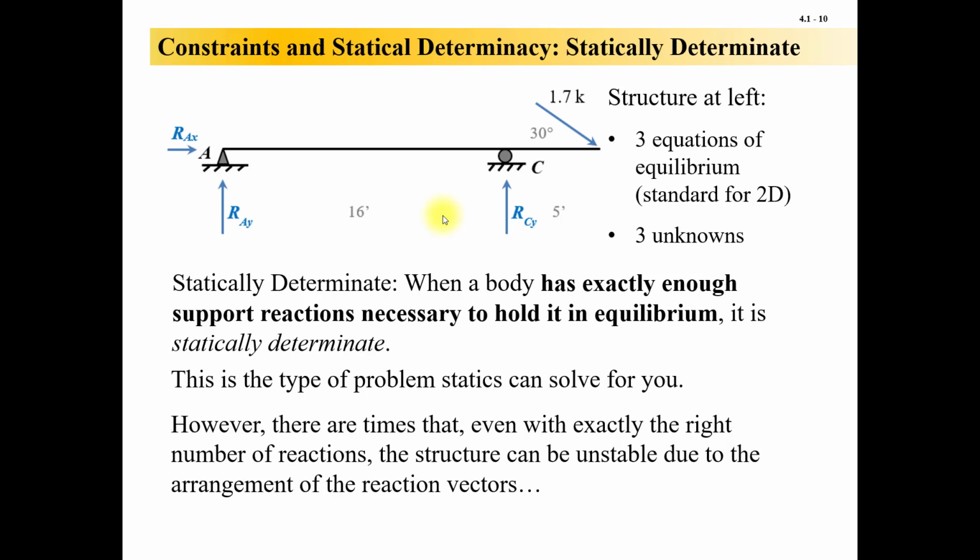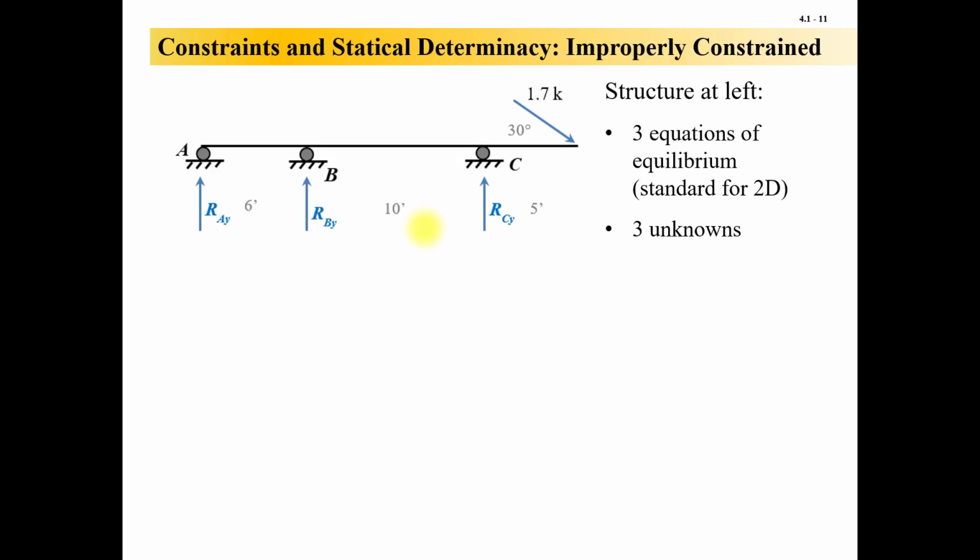Even sometimes with these, though, you can have a collapse mechanism even though the equations and the number of unknowns match. Okay? There's just a couple of special cases for it, so it's not that big of a deal. Here's one case. We have 3 equations, 3 unknowns, but all of our reaction vectors are parallel to each other.